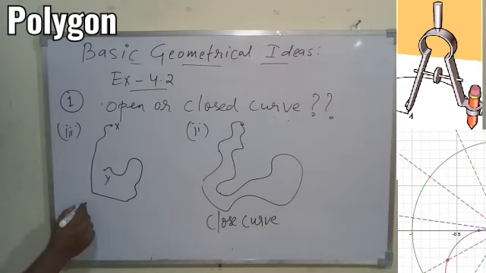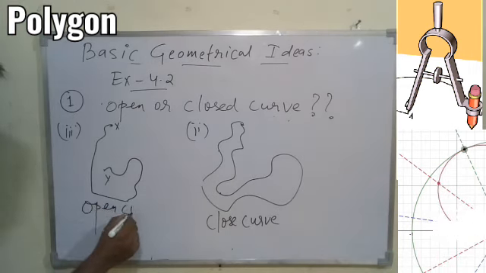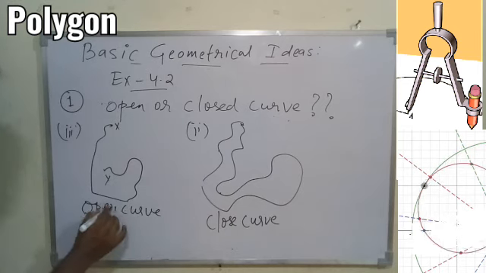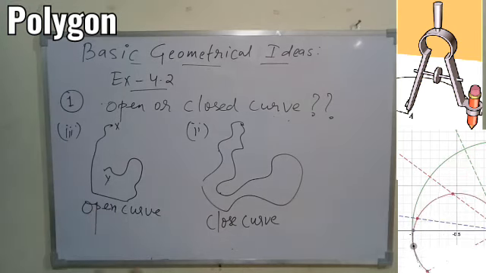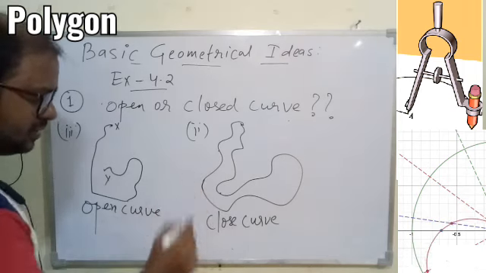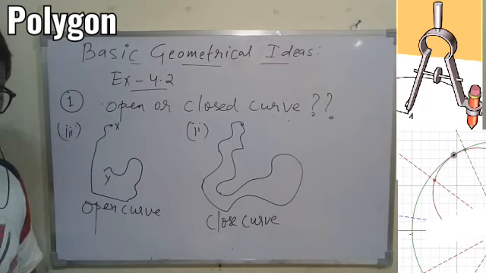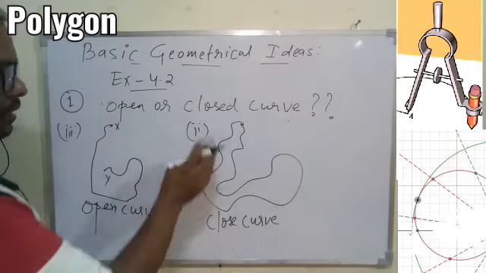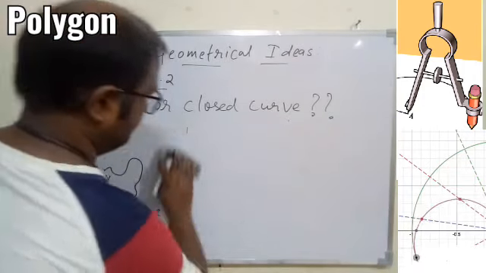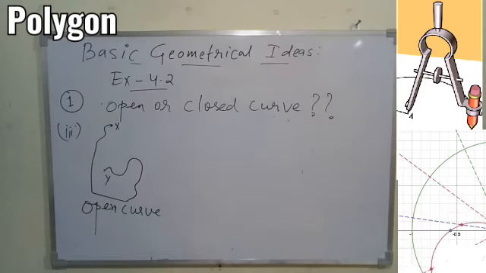So you understood, this is nothing but an open curve. Think in this way: if you are able to find the starting and end point, and if these two points are not the same, it is open. Otherwise, it is closed.